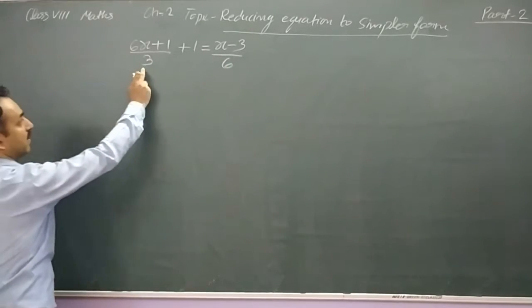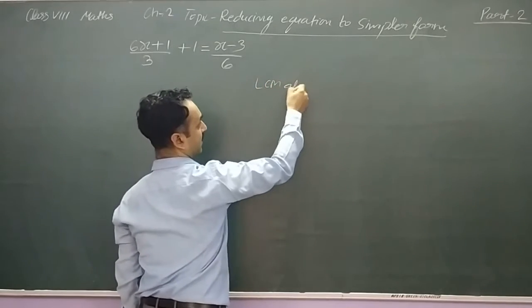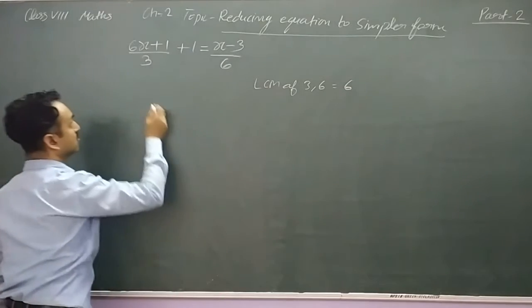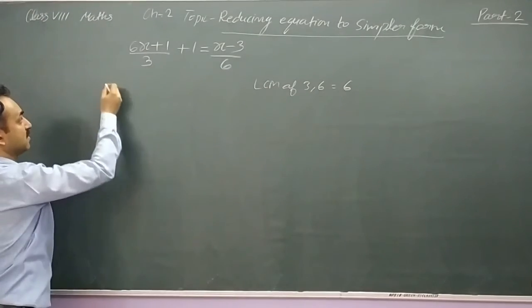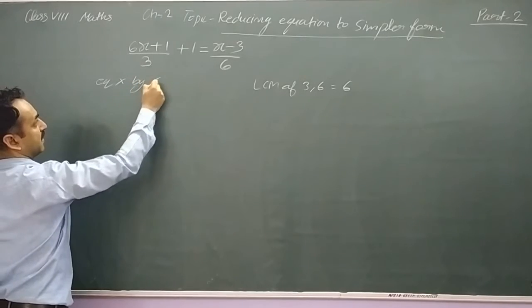Now what is the LCM of 3 and 6? The LCM of 3 and 6 is 6. So we will multiply the whole equation by 6.